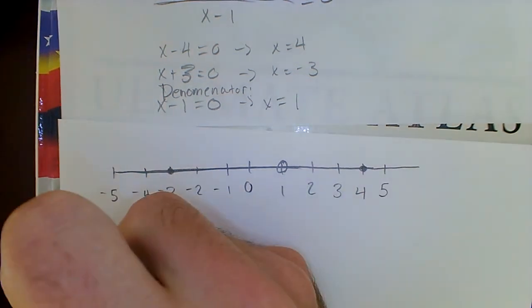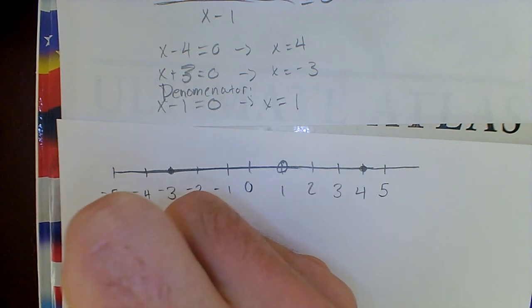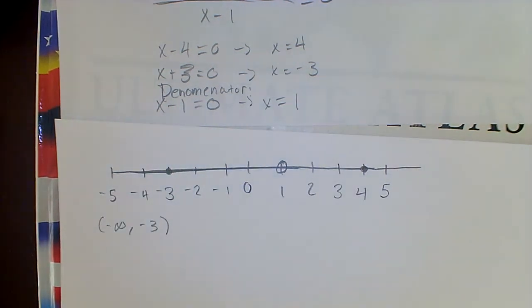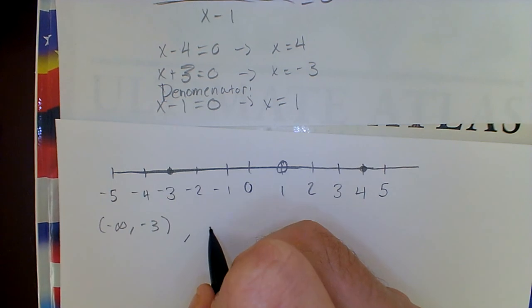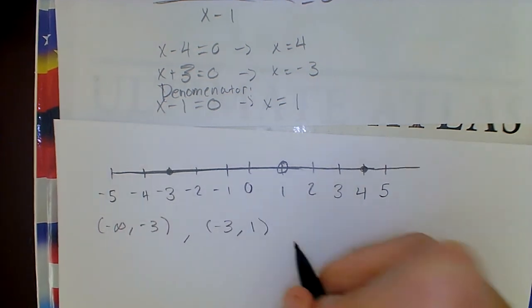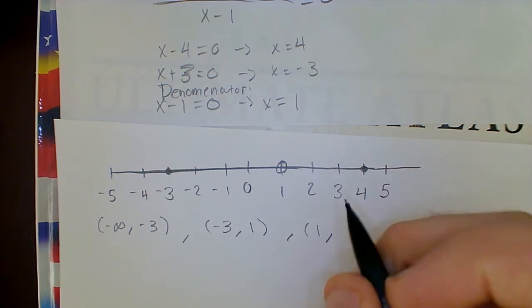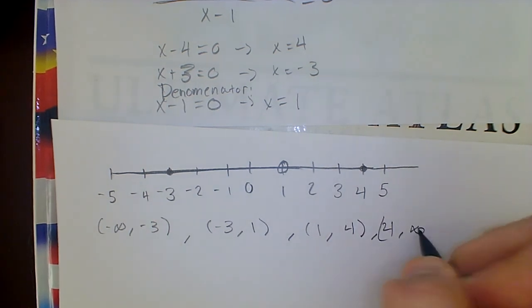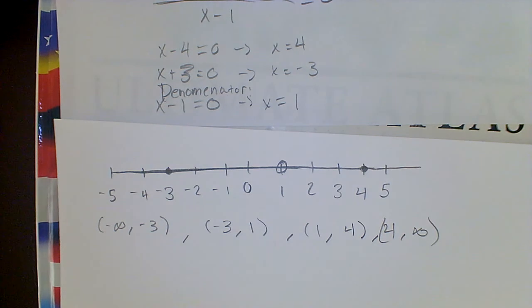We still use these points to make our intervals, though. So this interval is negative infinity to negative 3. We have 3 points this time, which means we're going to have 4 intervals. The next interval is negative 3 to 1. Then we have 1 to 4 and 4 to infinity.